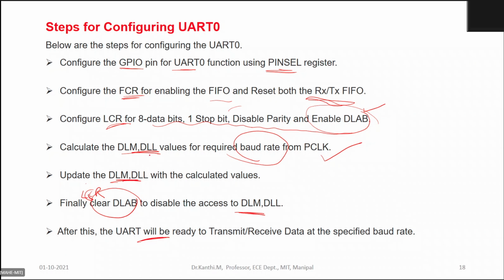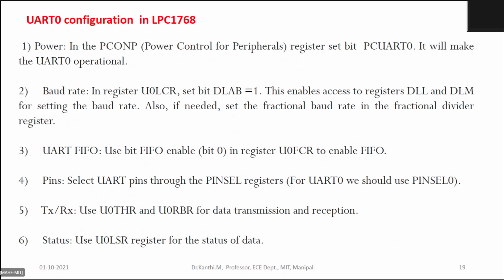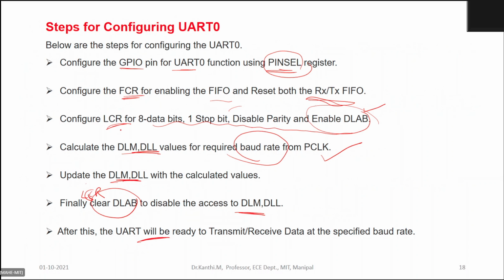So once you do all these steps, let me repeat. You do the pin select register, which port pin you are using for the UART. Since there are different UARTs, you need to know what port pins are used. Then configure your FIFO control register. Then configure your line control register for the specific format, and enable the DLAB bit of the line control register.